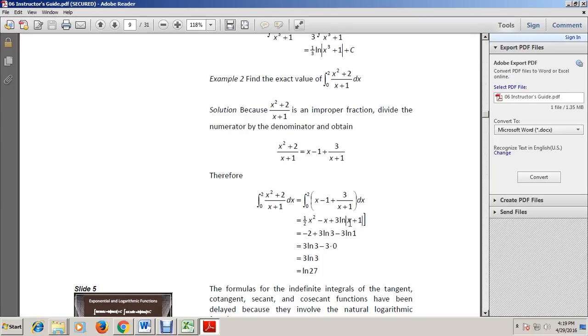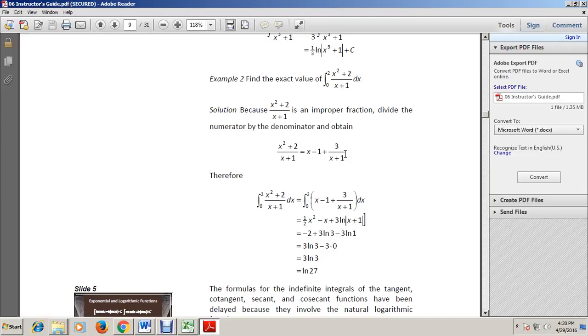For cases wherein the given expression is an improper fraction, we could expand the fraction into its quotient form, just like what we see here, where x squared plus 2 was divided by x plus 1, so that you will have the expanded quotient as x minus 1 plus 3 over x plus 1.